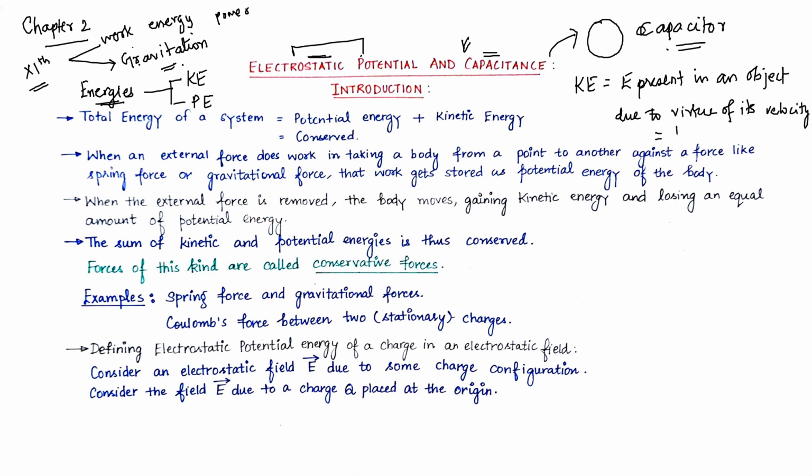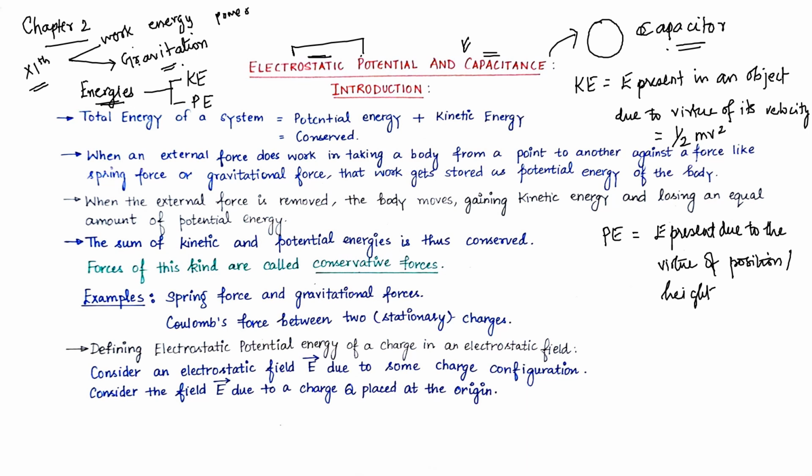It is given as half mv square in general, and the potential energy is defined as energy present due to the virtue of position or height.